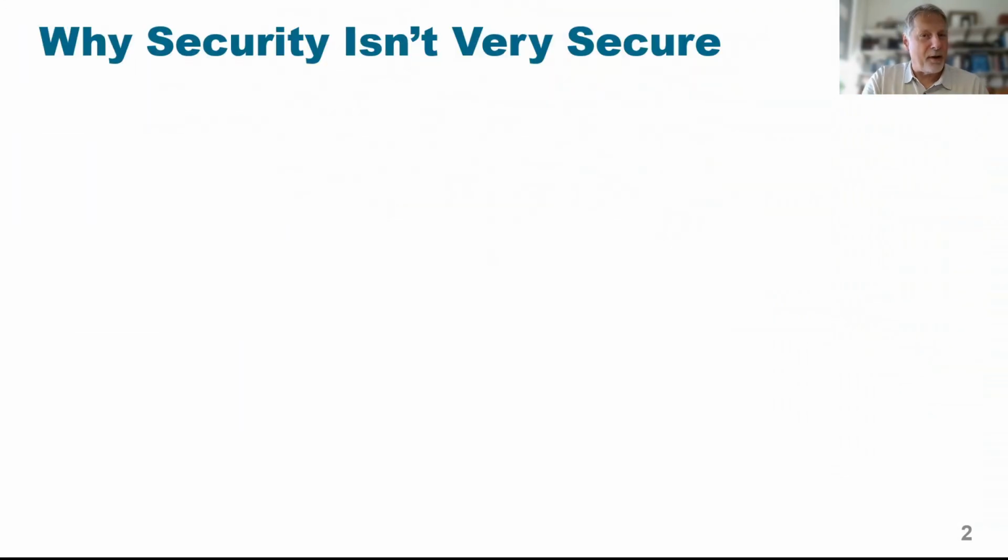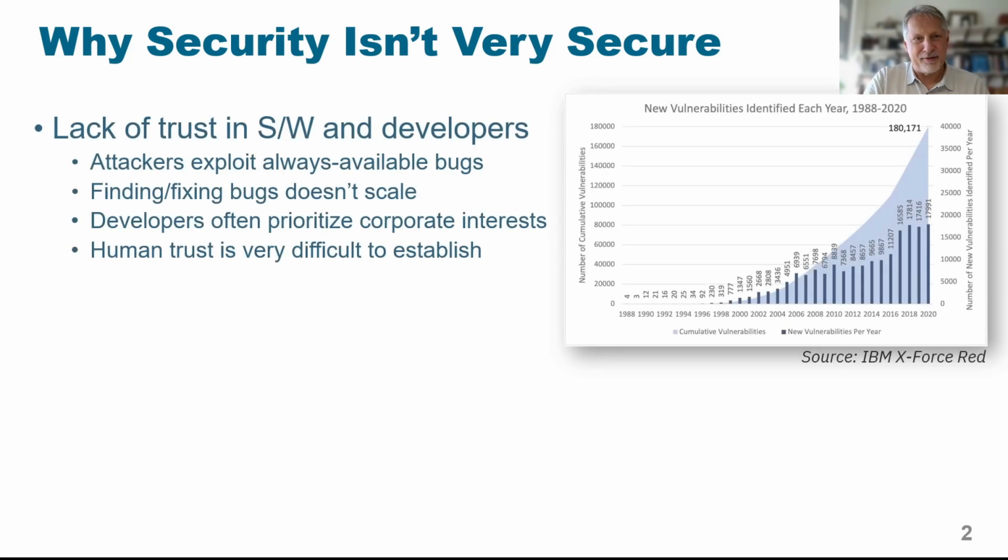But first, I want to talk about why security isn't very secure in today's world and how Mojo-V goes on to address these critical issues. There's really only two things you need to solve to make your system highly secure.